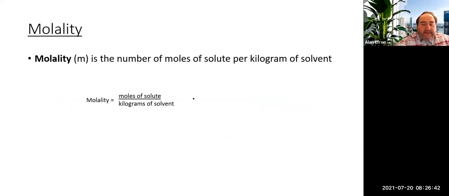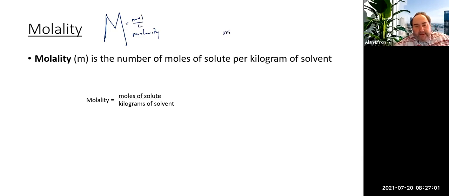Now, molality, not to be confused with molarity, they are different. So for purpose sake, big M, dramatically drawn there, is molarity, which is what we talked about previously, our moles per liter.